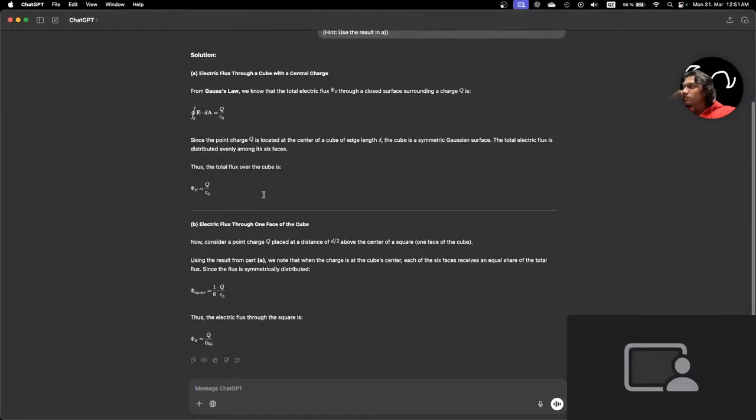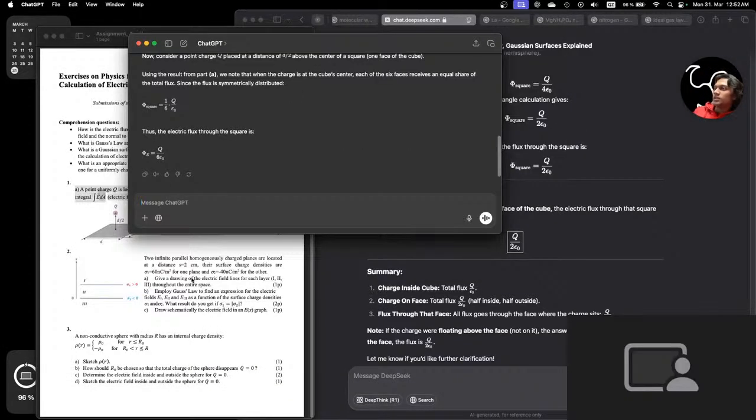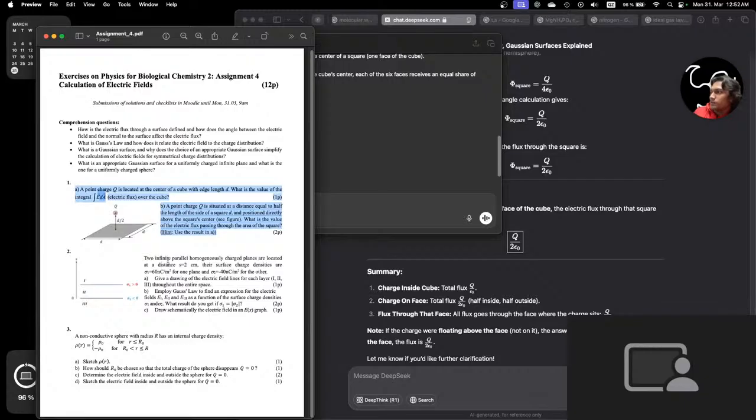Electric flux through one face of the cube. Okay. So the first question was really easy, and I was stupid.